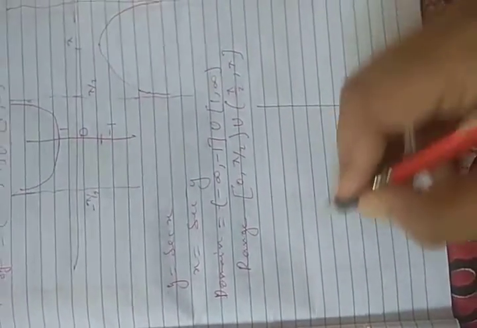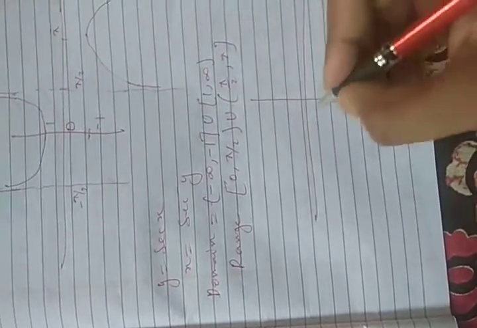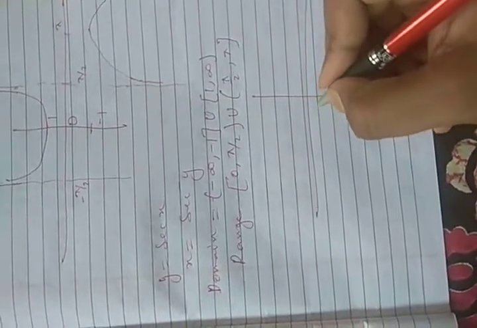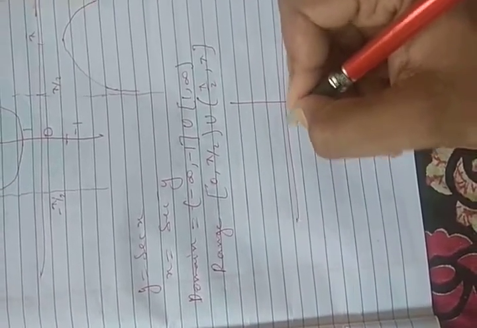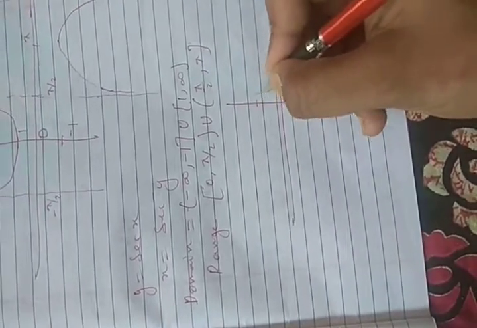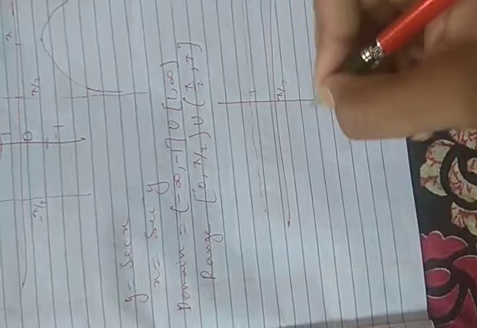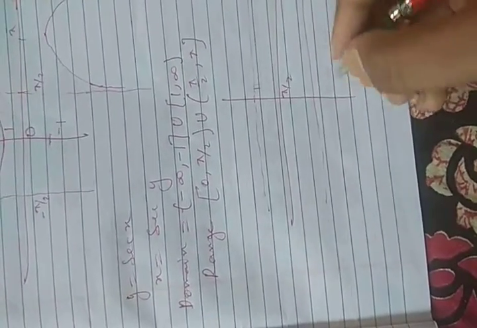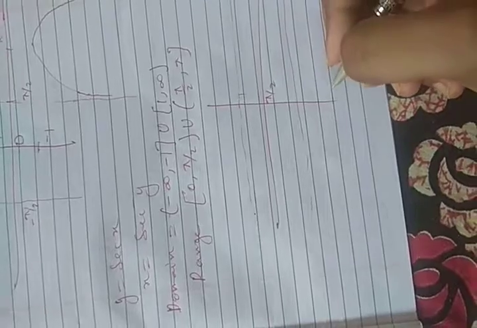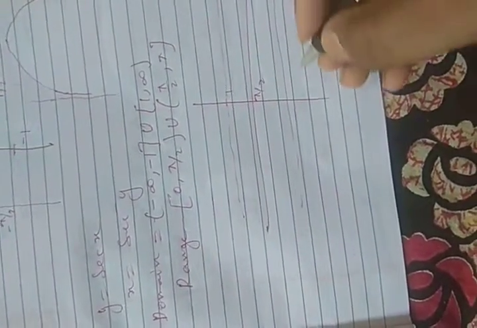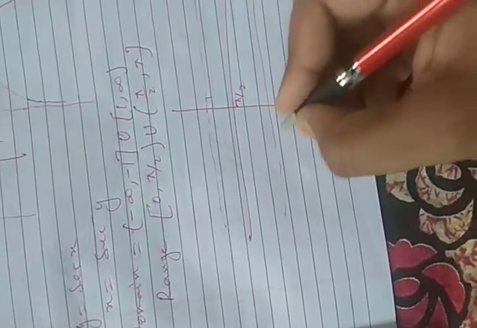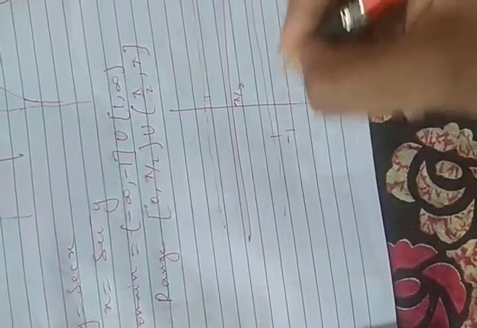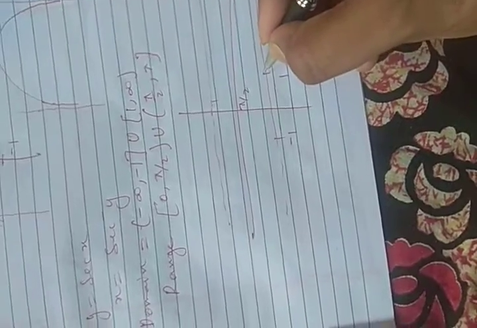Its curve will be: you have a value pi by 2 over here, and here it will be the line of 1, here it will be the line of minus 1, and here it will have a value of minus 1, and here a value of 1, and pi by 2. This curve will move like this.